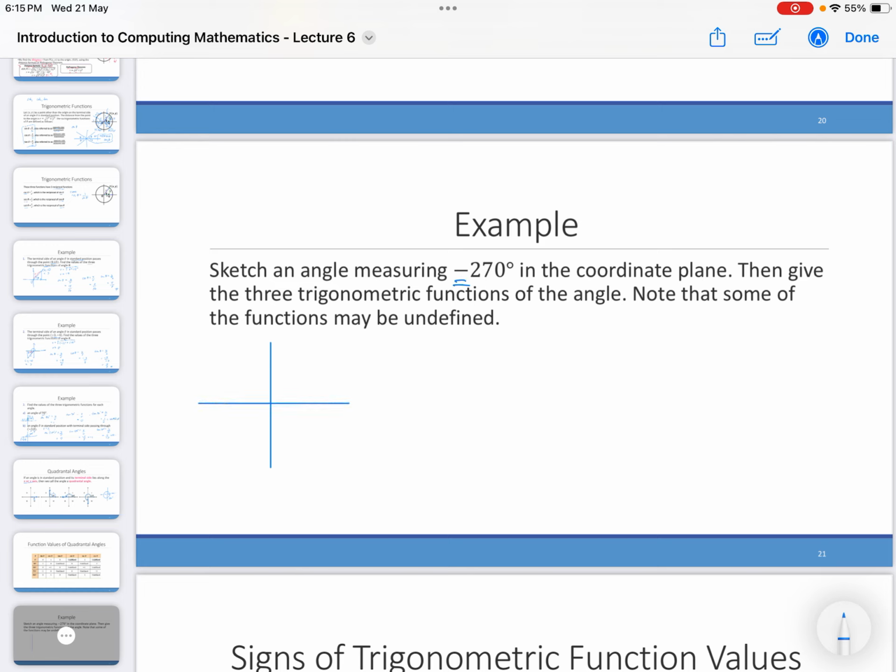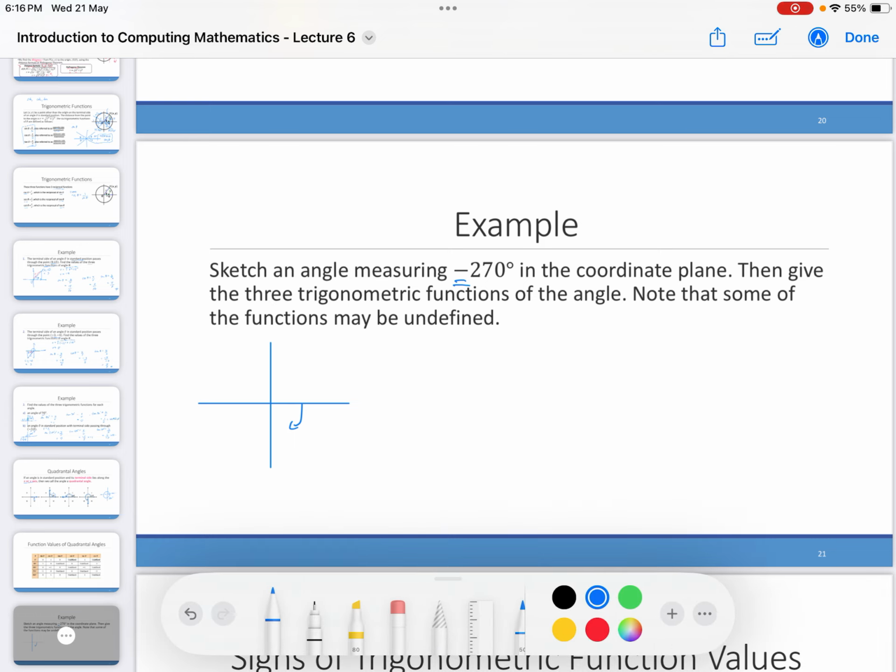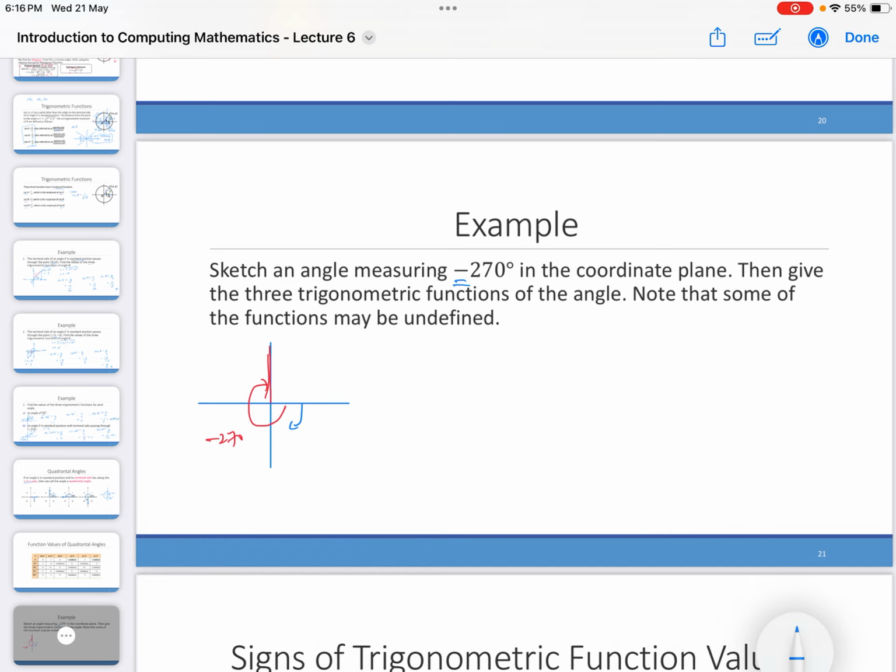Since we have a negative angle, we count clockwise from the initial side. The terminal side will be around here. So from here to here is negative 270 degrees. If we count counterclockwise, actually we will get 90 degrees.